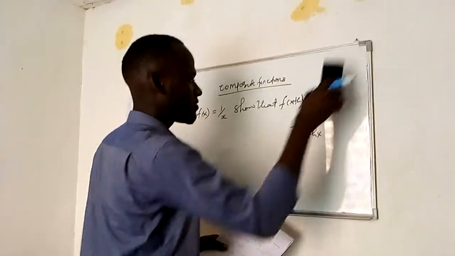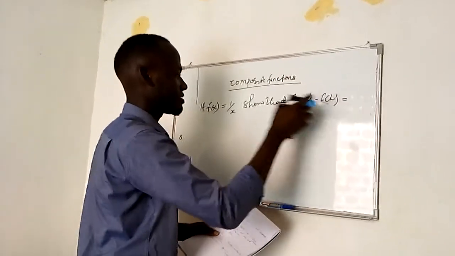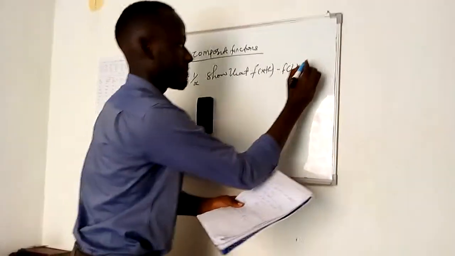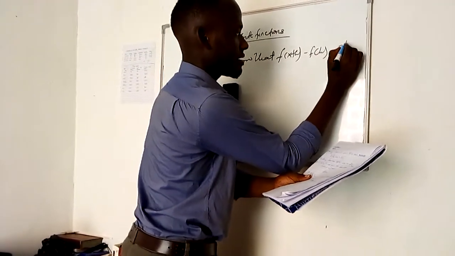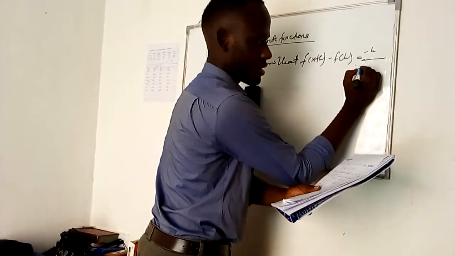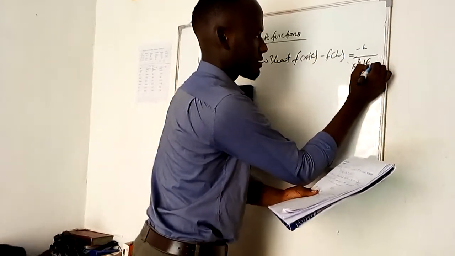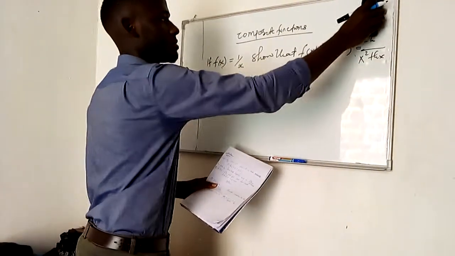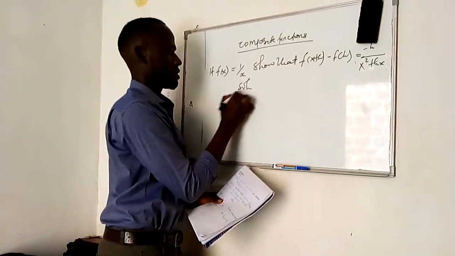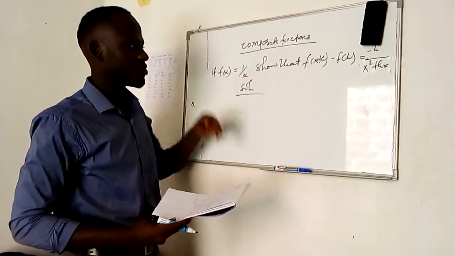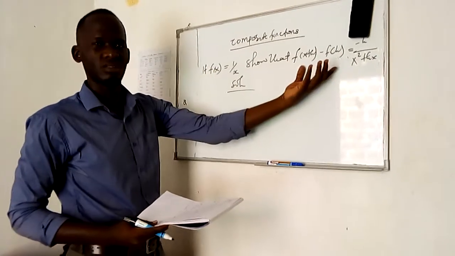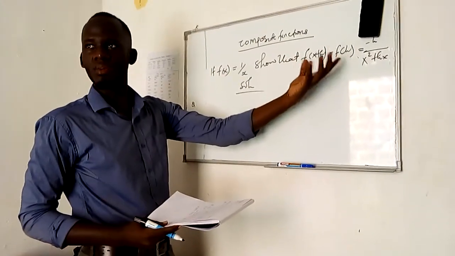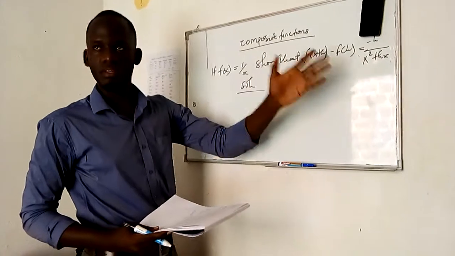I think it will confuse you guys, so let me put it on the same plane. Minus h over x squared plus hx. Solution: when you're given such a question, what comes to your mind is proving that what is on the left side is equal to what is on the right hand side.